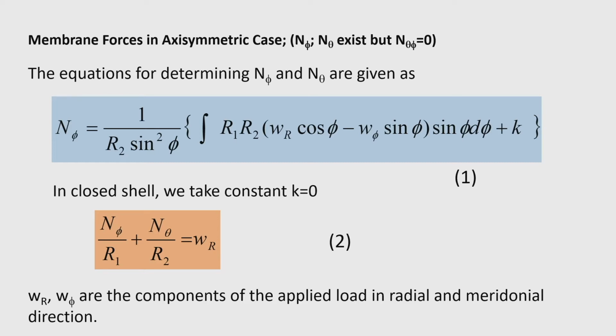So, we take constant k equal to 0. Therefore, we find the integration of this expression with limits 0 to phi if the shell is closed, and we can obtain the value of N phi. Now, remember that for a spherical shell, r 1 equals r 2, and that now becomes the radius of the sphere.